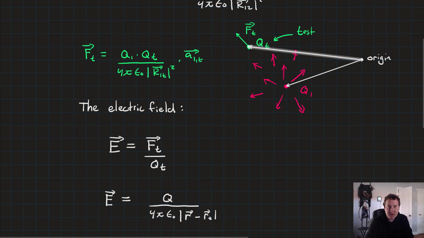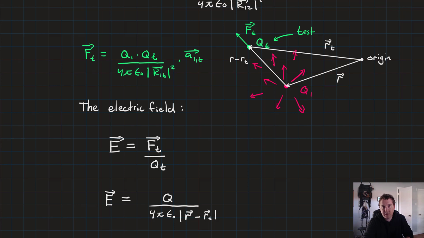We know from our previous lessons that the vector from 1 to t is R minus Rt. So nothing that we haven't seen already. And that's times the unit vector, which is just equal to the vector R minus Rt over the magnitude of that vector, R minus Rt.